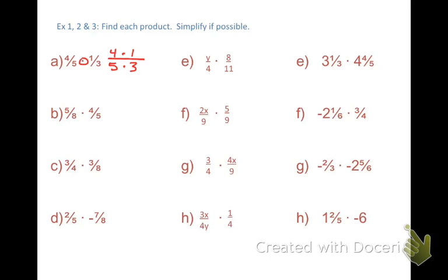Remember, it's different than adding and subtracting. You do it to both. So 4 times 1 is 4, and 5 times 3 is 15. You can't reduce that, so there's your answer.